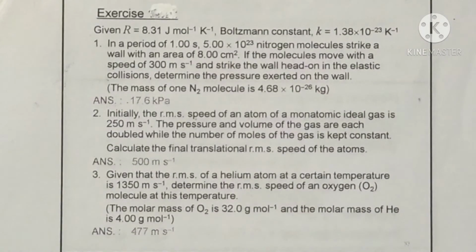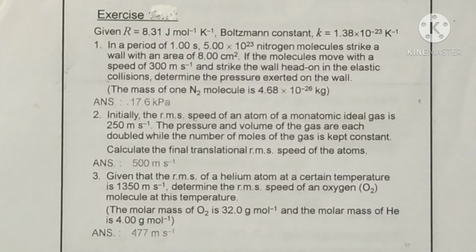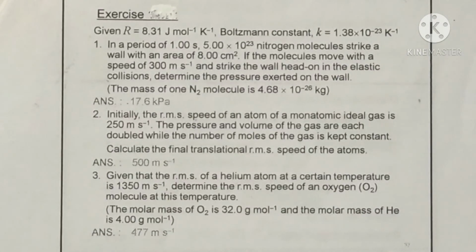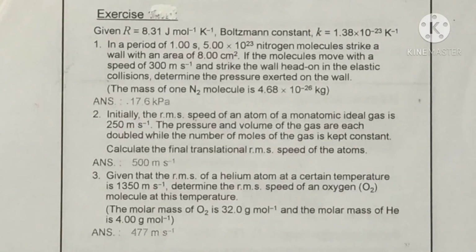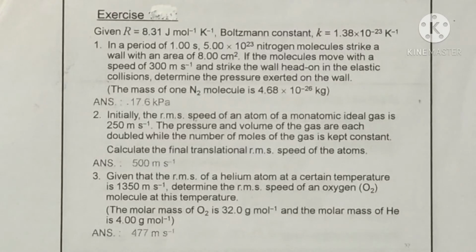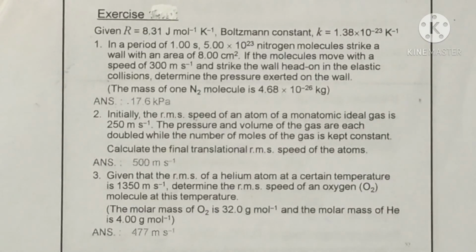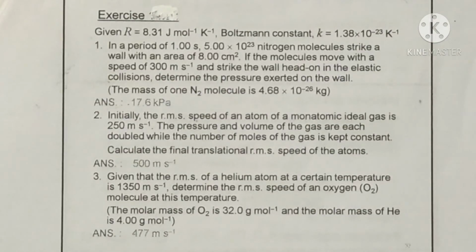For question 3, given that the root mean square speed of a helium atom at a certain temperature is 1350 meter per second, determine the root mean square speed of an oxygen molecule at this temperature. The molar mass of oxygen is 32.0 gram per mole and the molar mass of helium is 4.00 gram per mole.